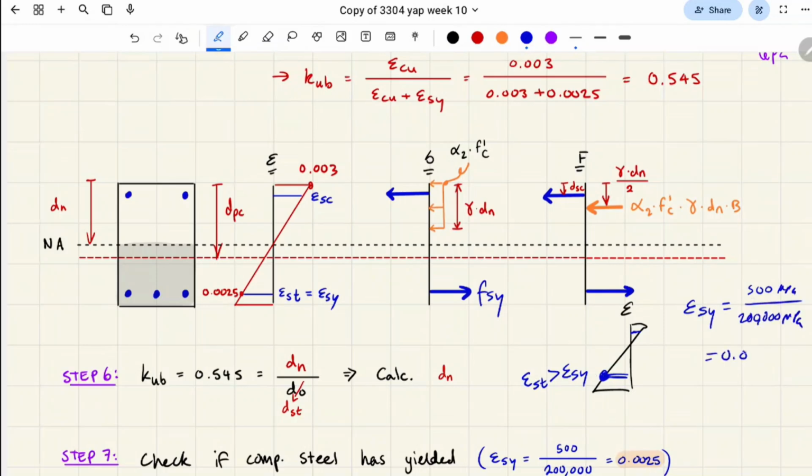And have you seen this number, 0.0025? Oh yeah, that's the steel yield strain limit. So once your strain has crossed over that limit, then your steel has yielded. What we are saying at this particular point is that our steel yield strain is equal to our tensile bar strain.